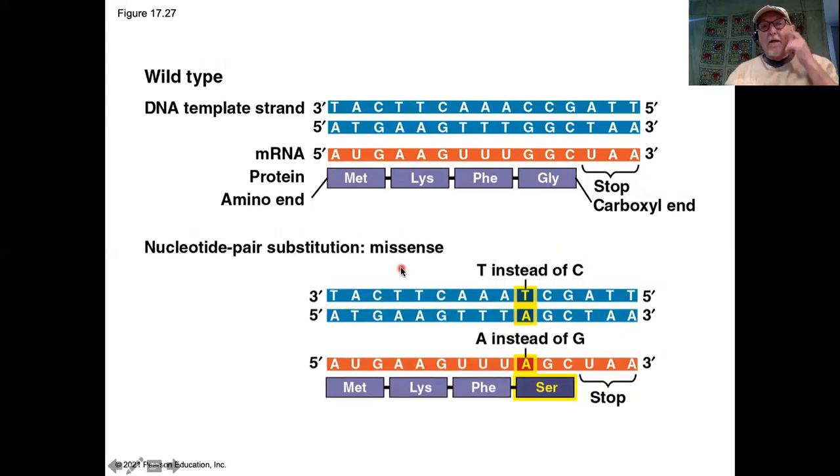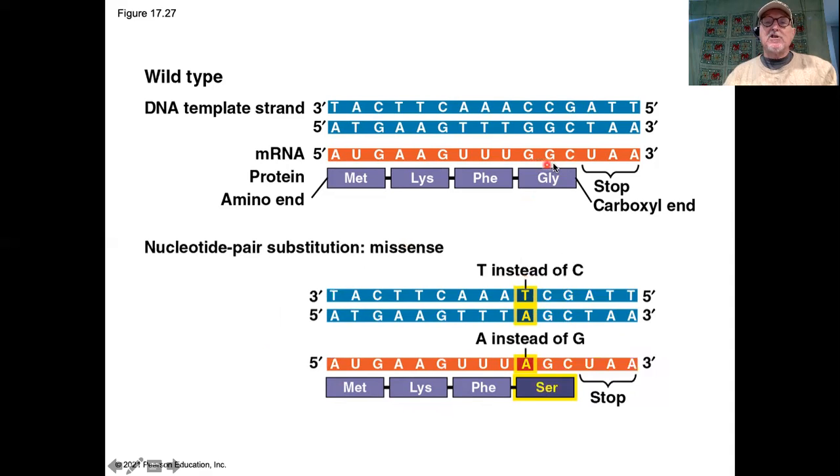So this is not always the case, as we've already seen with sickle cell anemia. If we change one of these base pairs, we can actually change the codons sufficiently that we bring in a new amino acid. And have a look here. We're using the same triplet again, CCG here on the template strand.